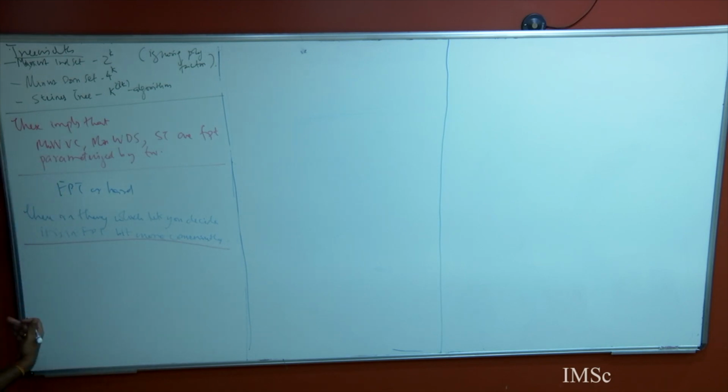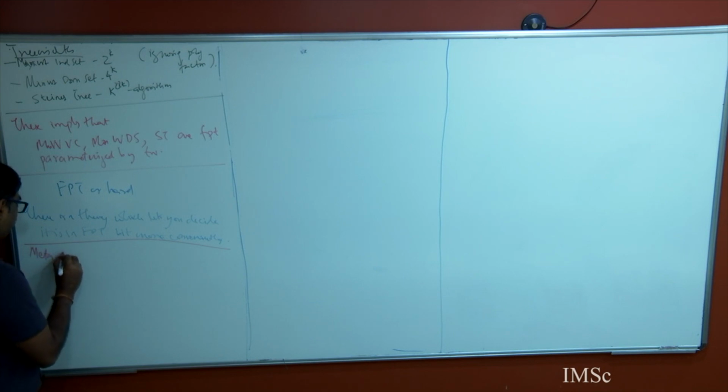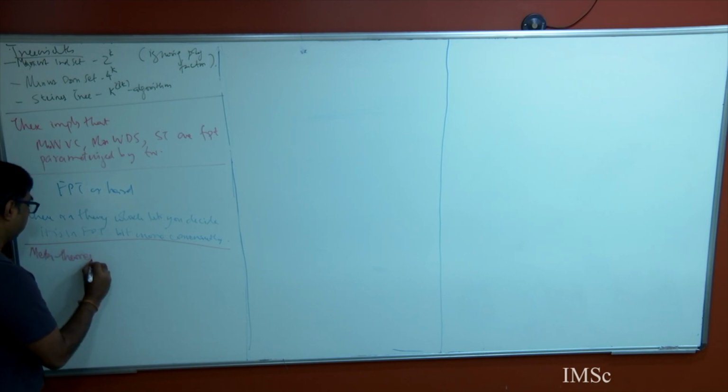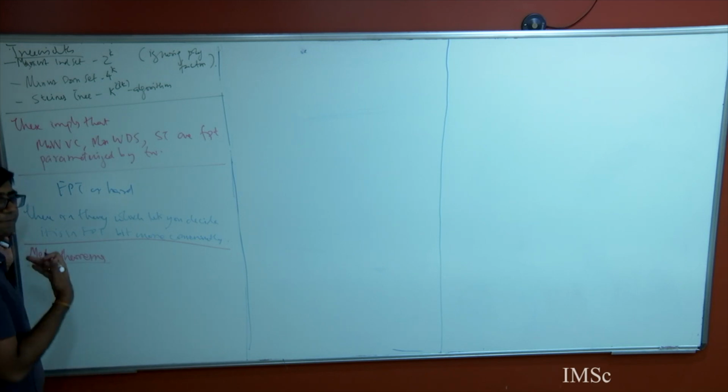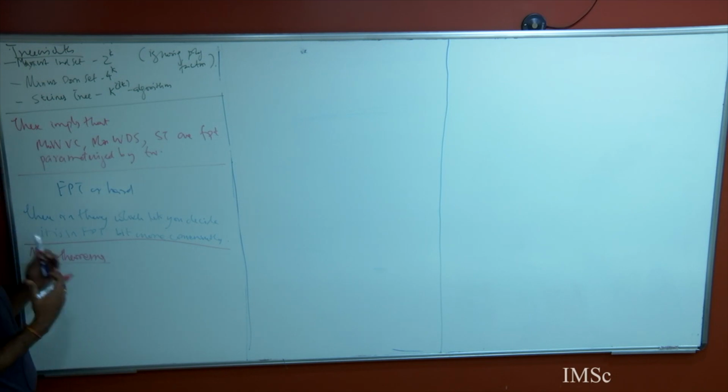Now we are moving towards what I call meta theorems, by which I mean a theorem which has far more corollaries than we can expect. In one theorem, it captures the essence of several other problems.